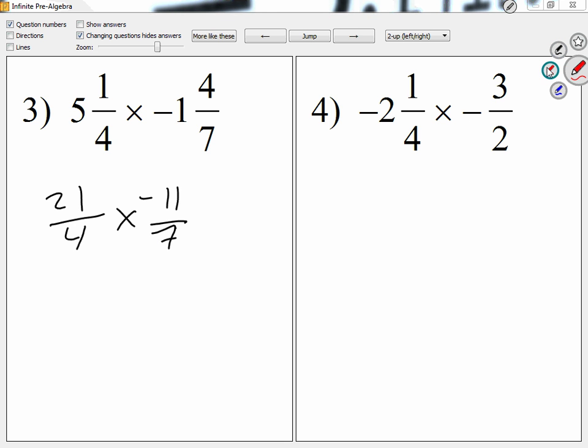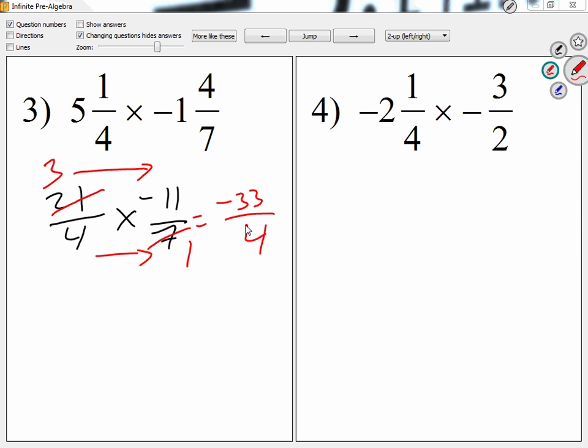Then simplify if you can. Right, my 7 and my 21, I'm going to divide each by 7. 21 divided by 7, and 7 divided by 7. Now I'm just going to multiply straight across. On the top I have negative 33. At the bottom I have 4. Right, they just multiply straight across.